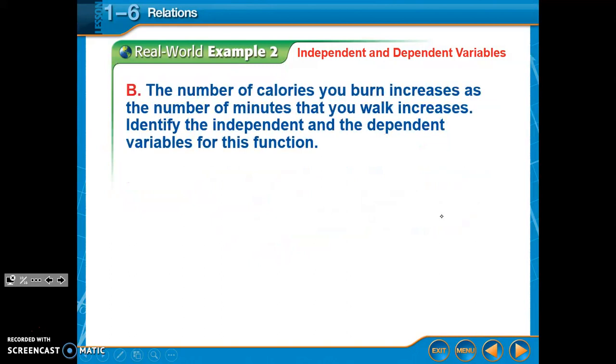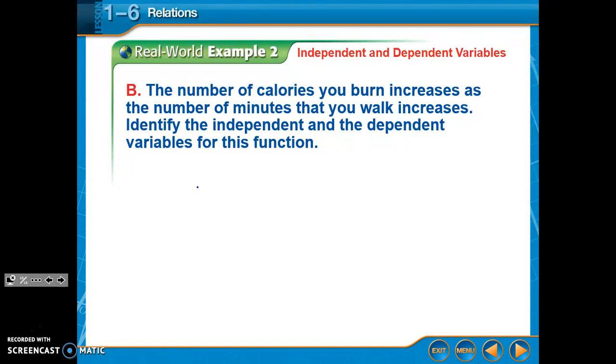Number 2 says the number of calories you burn increases as the number of minutes that you walk increases. Identify the independent and dependent variables for the function. Which one of these depends on the other? The number of minutes that you walk increases the calories you burn. The more you walk, the more you burn. So the calories burned depends on how much you walk.